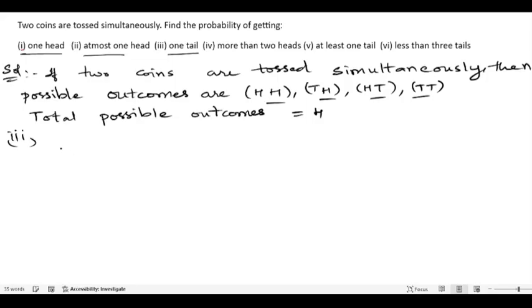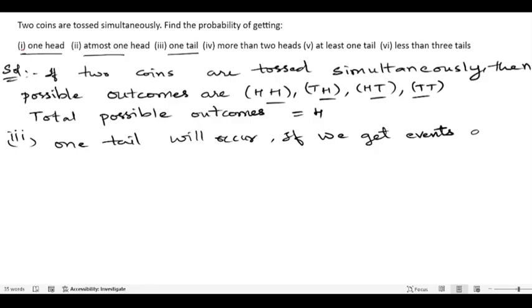Third bit, one tail. So where does it occur? It will occur if we get the events tail head and head tail. So we will get one tail.